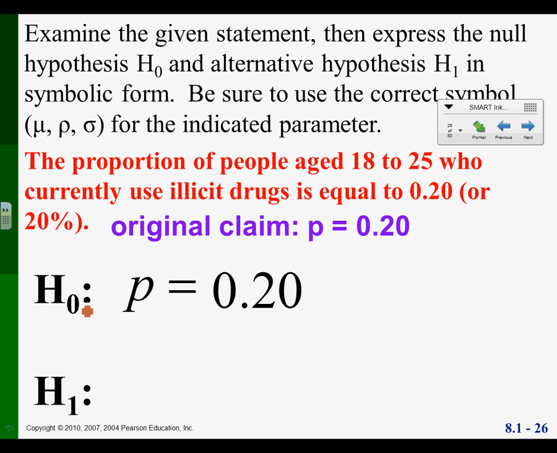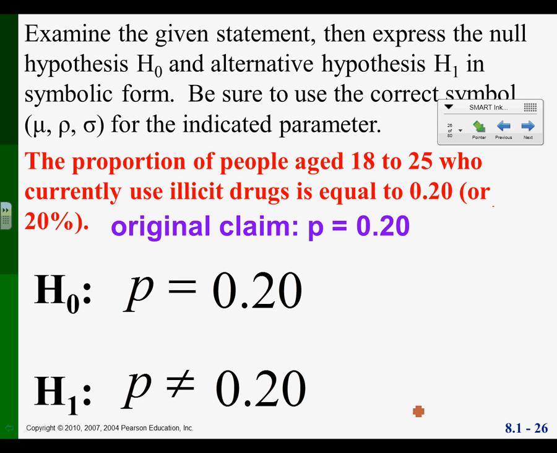The null hypothesis is this statement right here. Then, H1. Do you think about anything that says less than or greater than? So what symbol does it have to be? Not equal to. So the population proportion is not equal to 0.20.